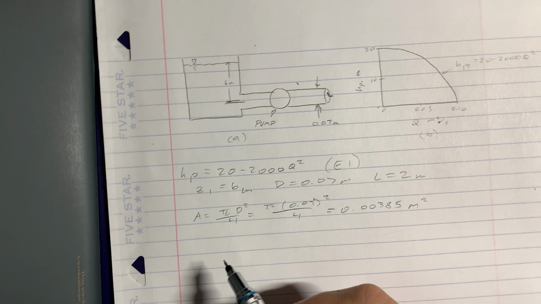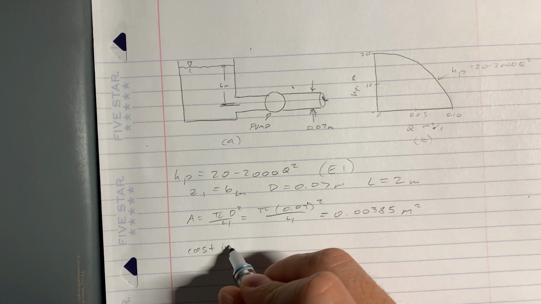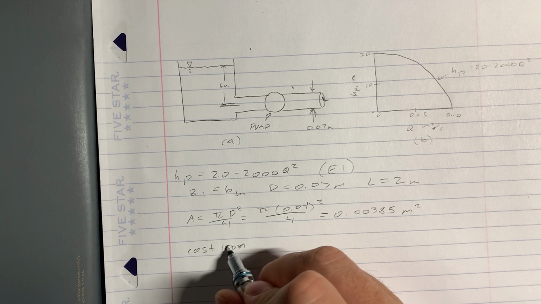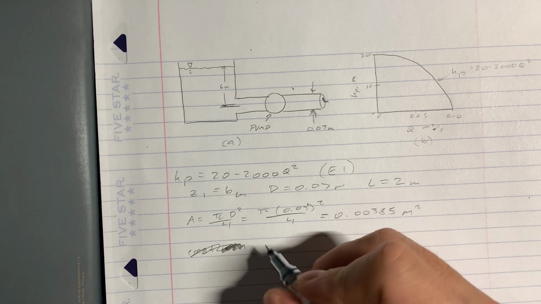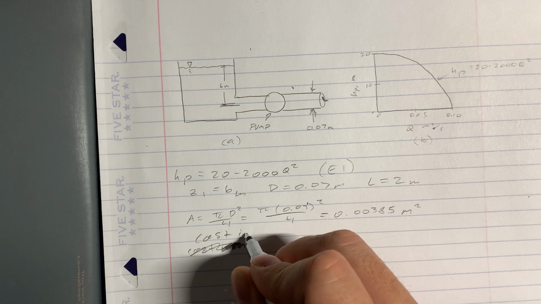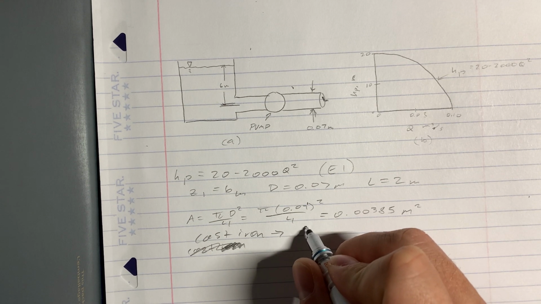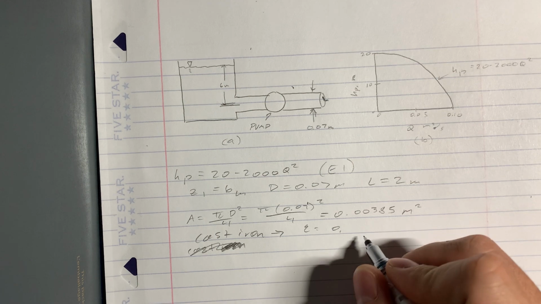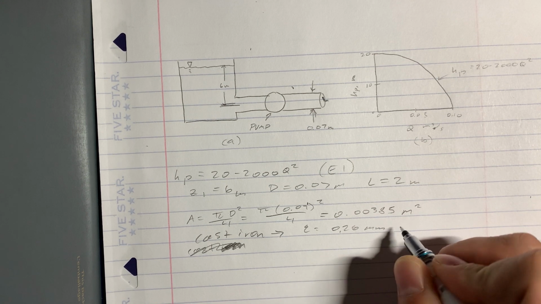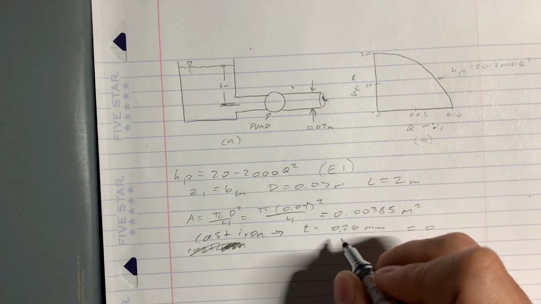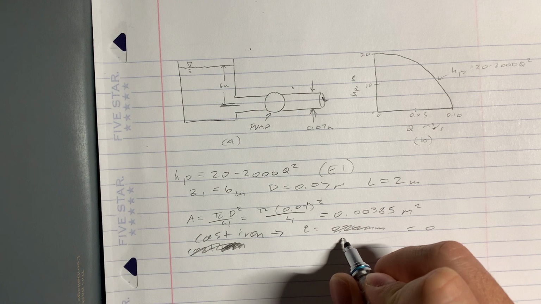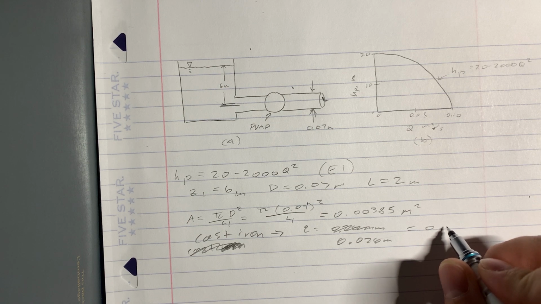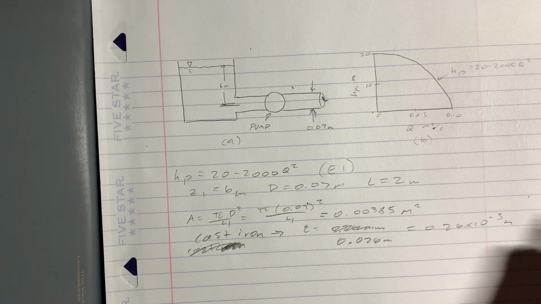And we also know that for cast iron, our pipe surface roughness is 0.26 millimeters, which is 0.26 times 10 to the negative 3 meters.